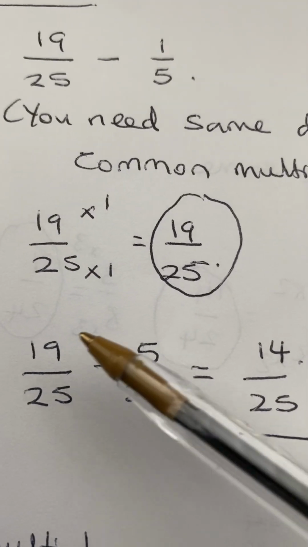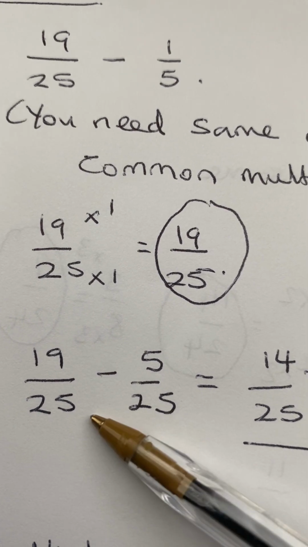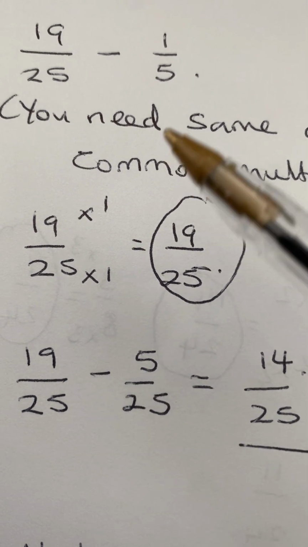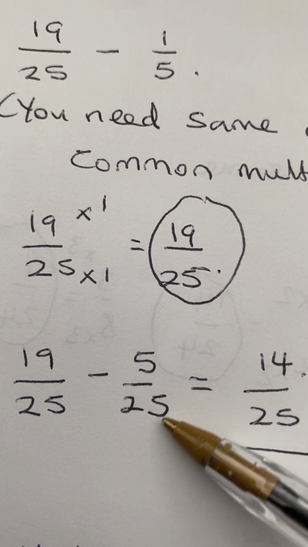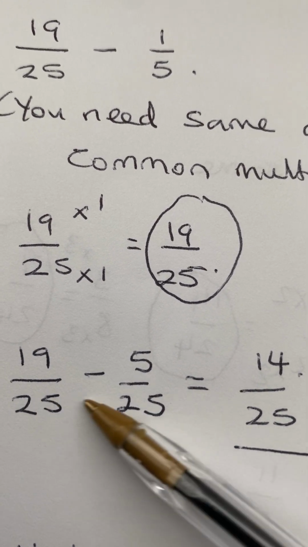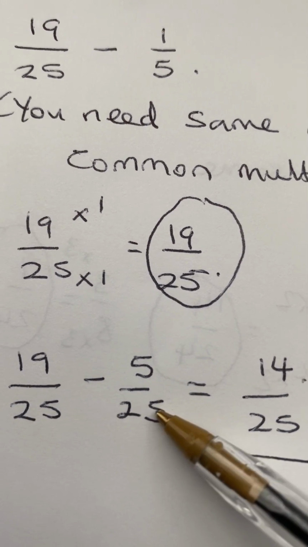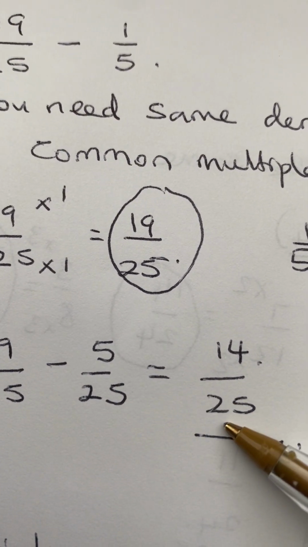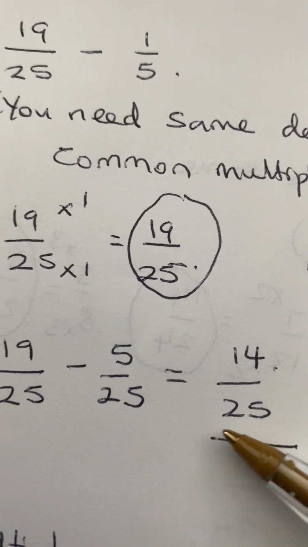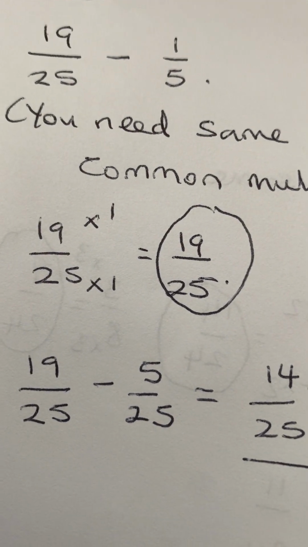So now we have 19 over 25. In place of 1 over 5, we put 5 over 25. So now we've made the denominators the same. So we only repeat the denominator here. Okay, and then we subtract the numerators.